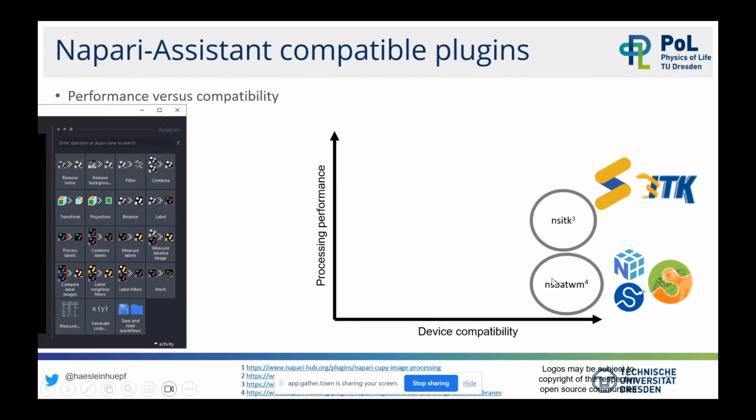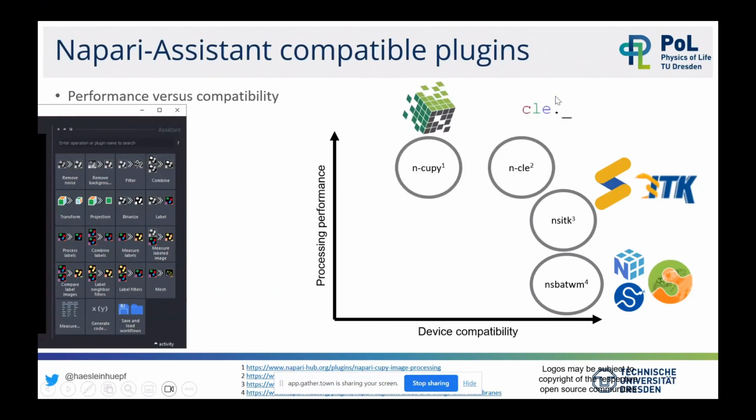For example, there were some specific Linux versions where we were not able to make this thing run. And when you use Esperanto, a GPU acceleration library, and CuPy, another one, the device compatibility is not as good as for these two. So these two will very likely work on your computer. With Esperanto, there are something like 5% or so of the computers where we cannot make it work. And for CuPy in particular, you need an NVIDIA graphics card.